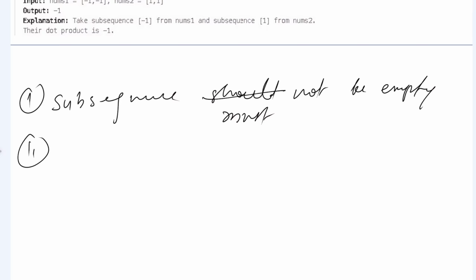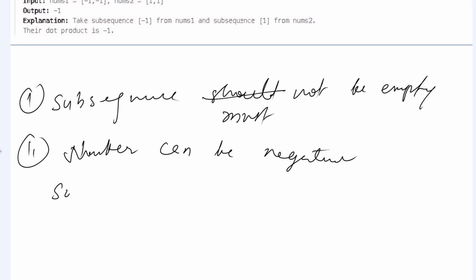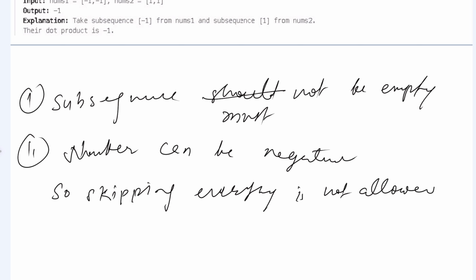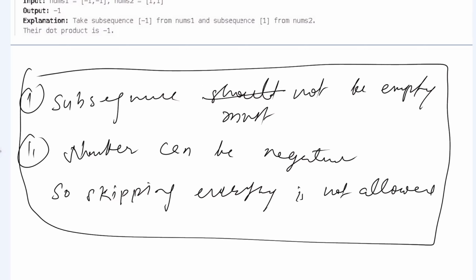Then the given numbers can be negative, so what we should do is skip. But skipping everything is not allowed. Make sure of that. These two things we have in the constraint, so never forget them.